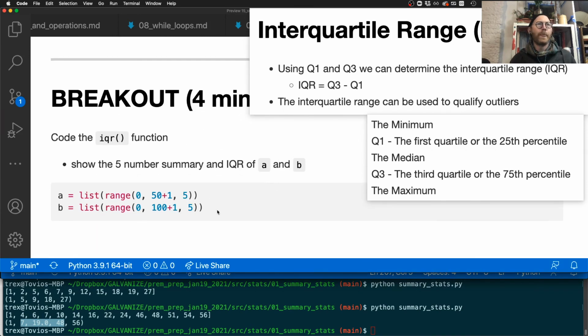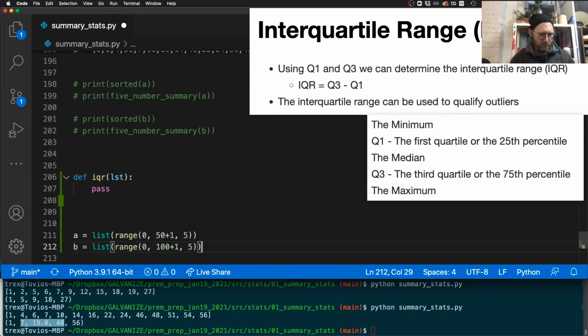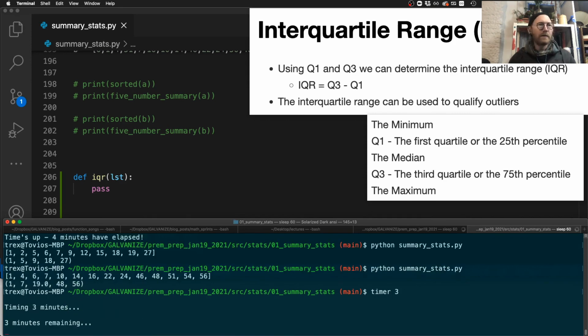And I'm going to put these in for our data sets. Okay. And I'll also put those in the Slack. And immediately after I put those in the Slack, I'm going to put 3 minutes on the timer and get to coding. Okay, you're just coding the IQR function, and yeah, go for it.